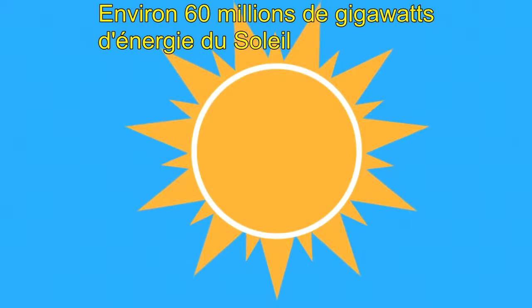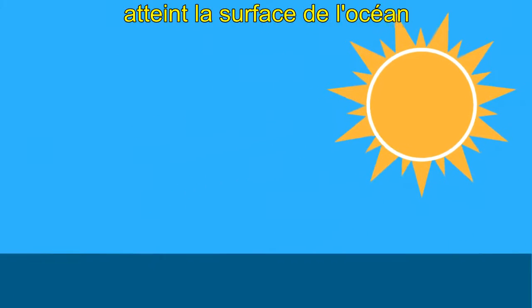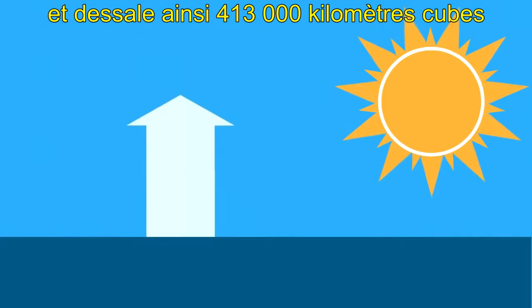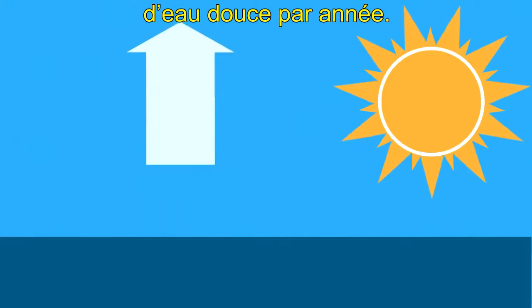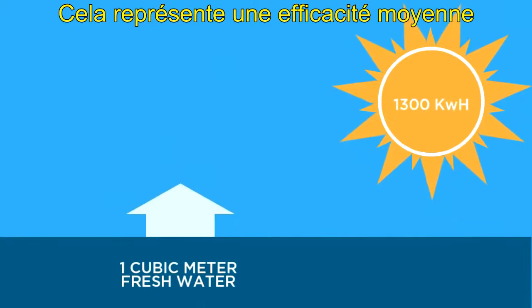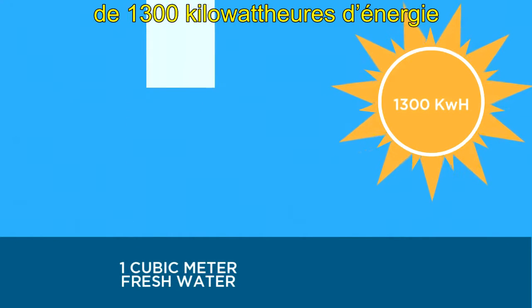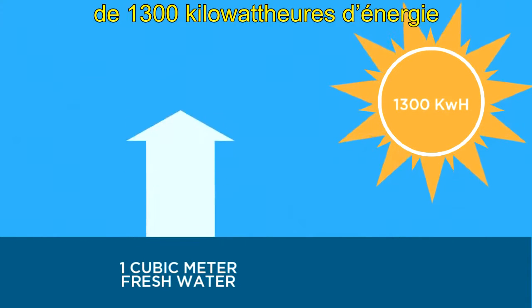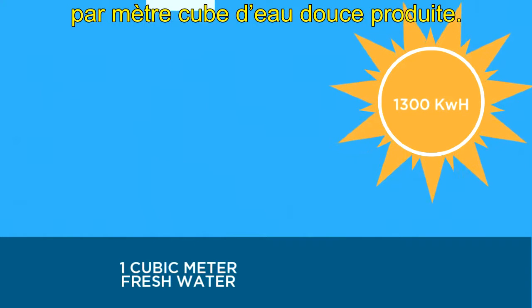About 60 million gigawatts of power from the sun reaches the ocean's surface, desalinating 413,000 cubic kilometers of fresh water per year. This is an average efficiency of 1,300 kilowatt hours of energy per cubic meter of fresh water produced.